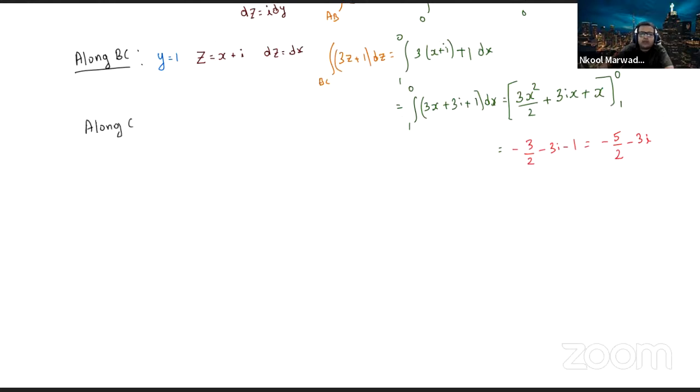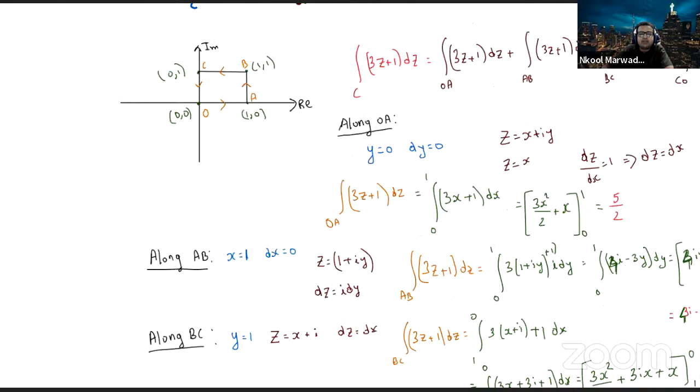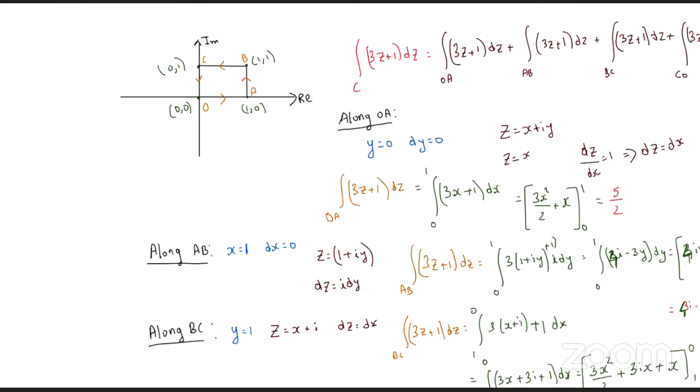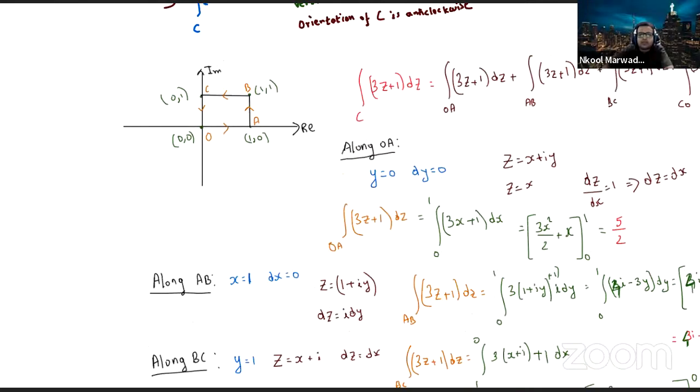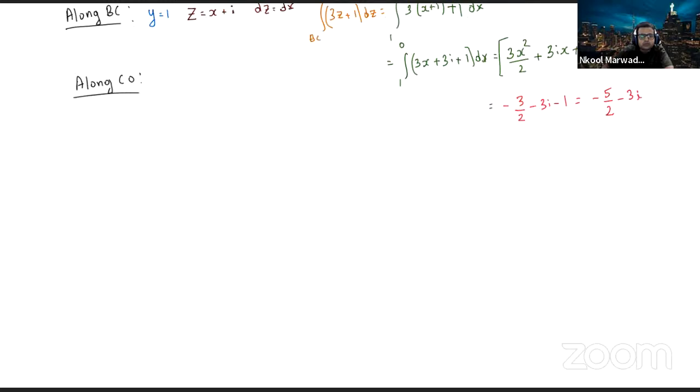If we look at the graph, along CA it is the same thing, but now x is equal to 0, because it is overlapping with the y-axis.